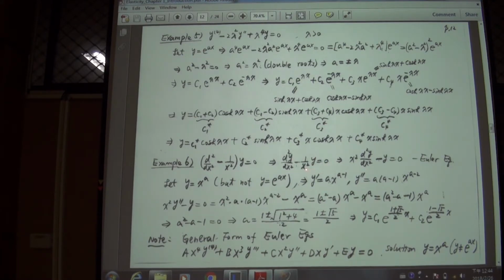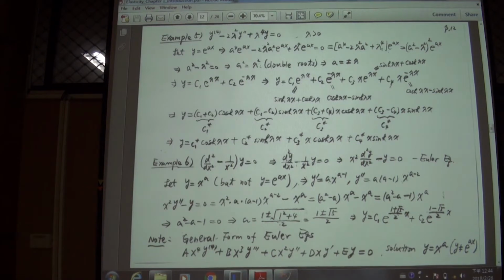And now we move this term to here, which means that we just multiply by x squared on the left and right hand sides of the equation. And then we turn this equation into this one, and we find out that this is called the Euler equation.